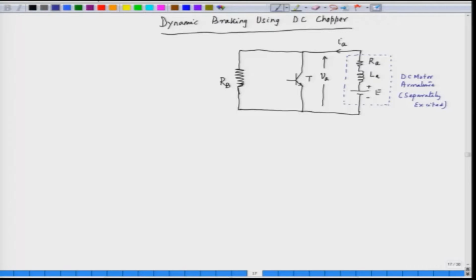Now, we have sufficient armature inductance to make the current almost ripple free.